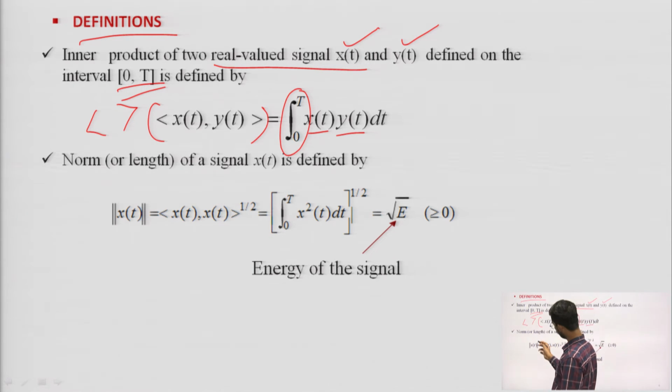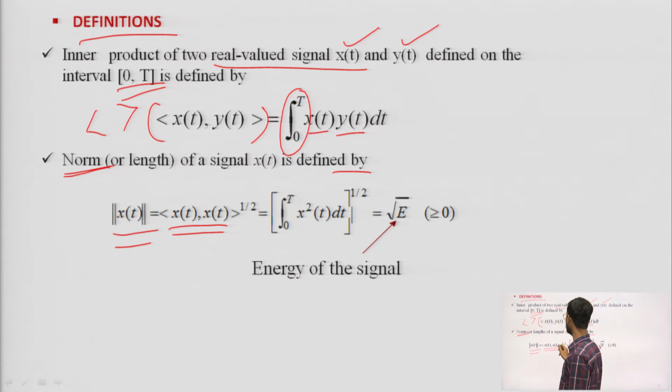So, norm, I want to find the norm, that is length. Okay. What is the length from the origin of a signal x of t? It is defined as the root of the inner product, that is integration 0 to T x of t squared dt to the power half.